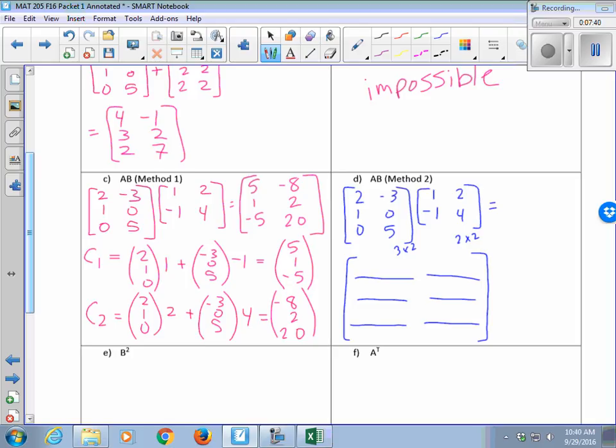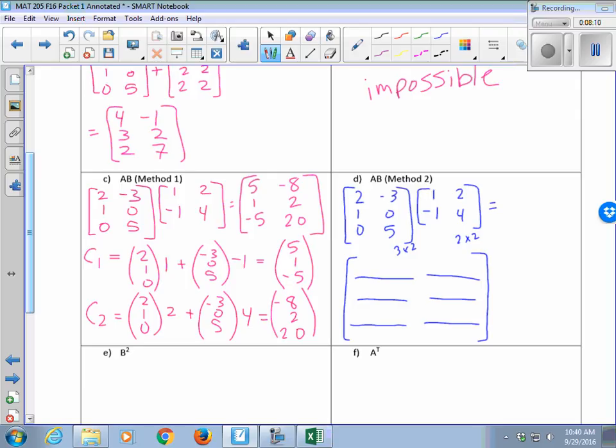When I take the dot product of each row times each column, you put it in the appropriate spot in the answer matrix. So for example, if I multiply the row 2, -3 by the column 1, -1, that's the first row of your matrix A times the first column of your matrix B, row 1, column 1, that goes in row 1, column 1 of your answer.